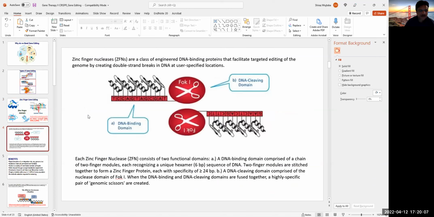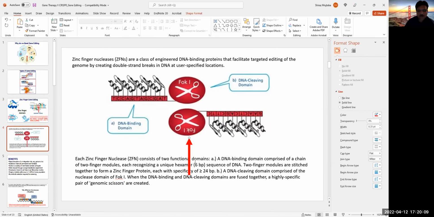So essentially, this is a molecular scissor where it can cut DNA. So there are two portions to the zinc finger gene editing system: the DNA binding domain and the DNA cleaving domain, FokI. So why is the DNA binding domain important? Because you want to alter a specific sequence.